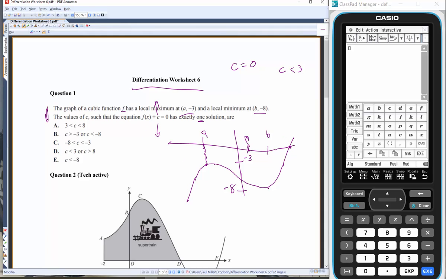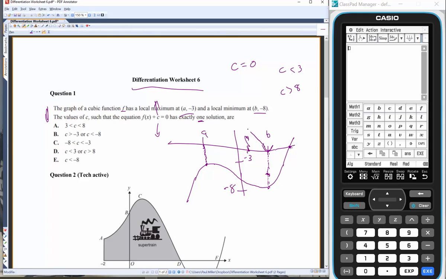Now, what can happen though is if we continue to bring it up, okay, we could bring it up higher and higher and higher. Okay, so we could bring it up 3 and it will get to there, one solution. But if we keep sending it up, okay, and we raise C above 8 units, what will happen is the bump, or this bump will come up to here, okay?